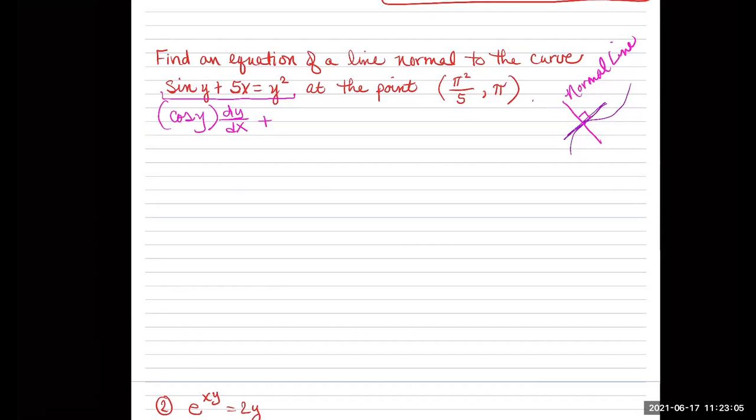The derivative of 5x is 5. And you've told me this one a couple of times this morning. The derivative of y squared with respect to x is 2y dy dx. So it looks to me like you're getting the hang of it. So again, I'm going to subtract to get the dy dx's on the same side.